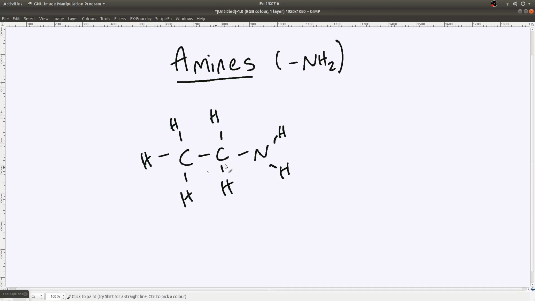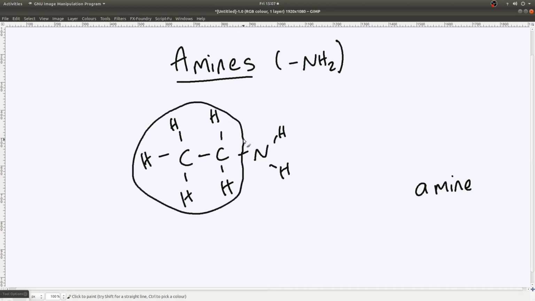Now the simple amines are actually very easy to name because you basically just name them amine, and then in front you put the name of the alkyl group. Now remember, if it's 1 carbon it's methyl, 2 carbons is ethyl, and 3 is propyl. So we just name the alkyl group that's actually connected to the amine group. So we would call this ethyl amine. 3 carbons in there, propyl amine, 1 carbon, methyl amine, and so on.